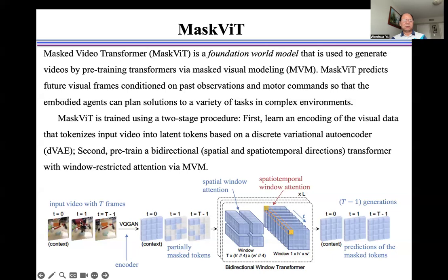This input video with T frames, this encoder, this context tokens, this partially masked tokens. This is the bidirectional window transformer, this spatial window attention, and this spatial temporal window attention block. This T-1 generations.